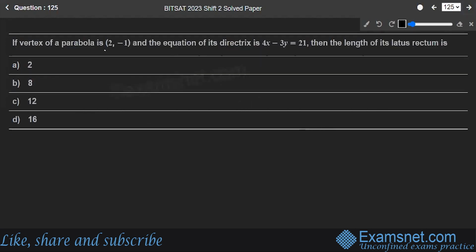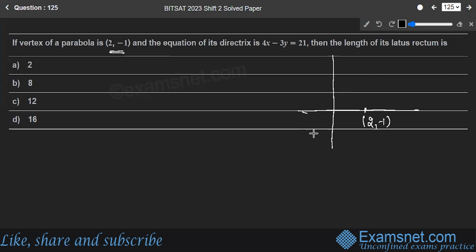If the vertex of a parabola is 2 comma minus 1 and the equation of the directrix is this, then what is the length of its latus rectum? So this is the vertex of the parabola, 2 comma minus 1, and this is the equation of the directrix.